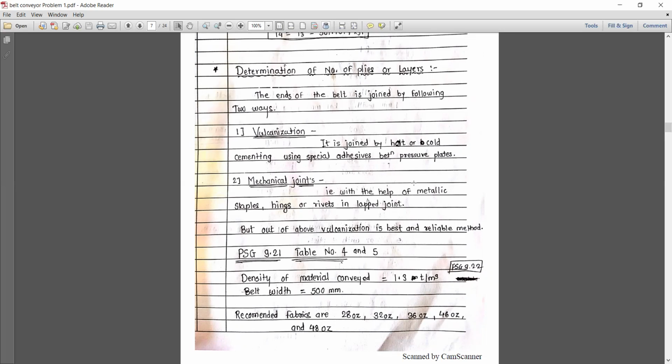So for this reason, vulcanization is considered the best and reliable method.